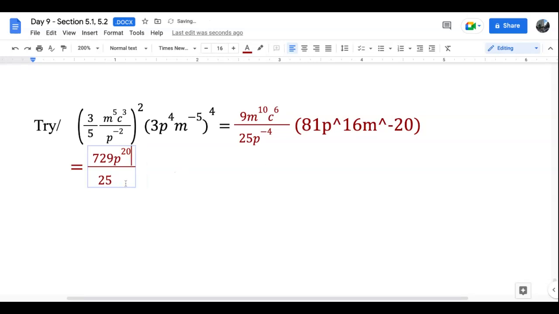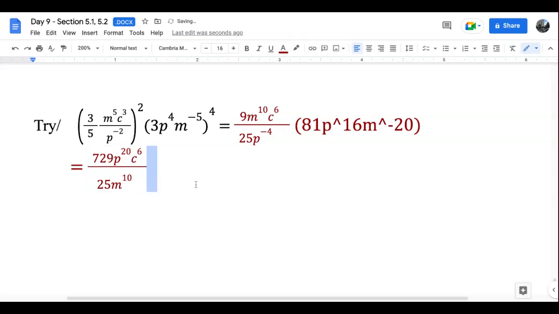So that becomes, so m in the denominator, m to the 10th power in the denominator. Then we're left with the c. So c to the 6th stays in the numerator. So that should be the answer, right? 729, p to the 20th power, c to the 6th power, divided by 25, m to the 10th power.